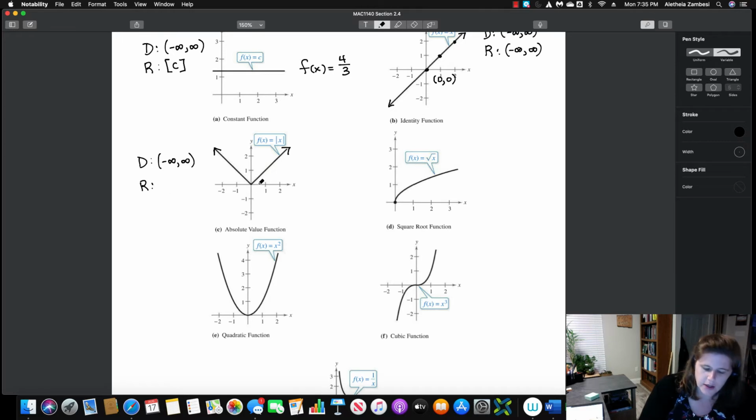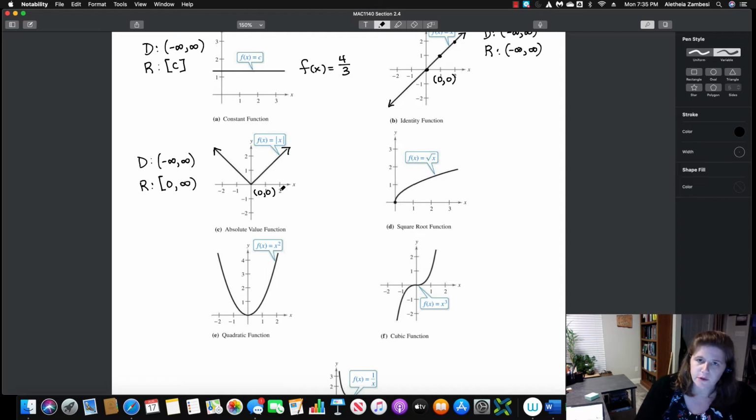The range does not have any negative values for y, so it starts at 0, including 0, goes to infinity. People think of this like a v, so if you're thinking of the absolute value function, it always looks like a v. Also goes through the origin.